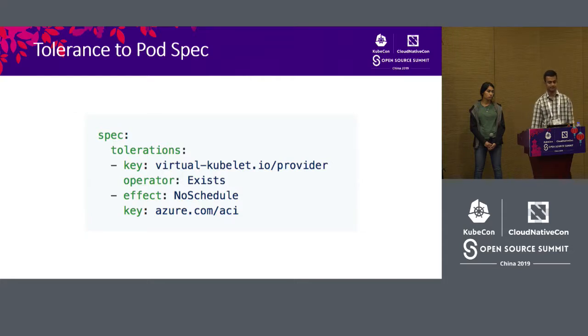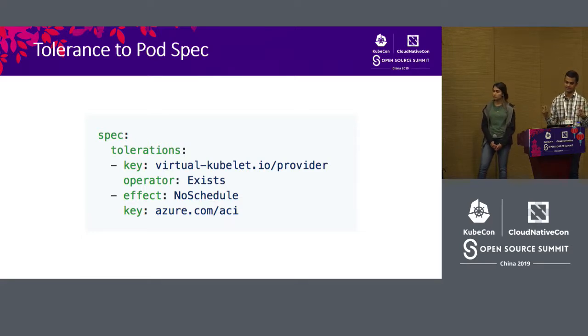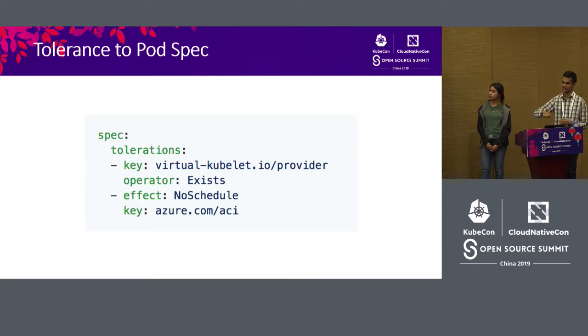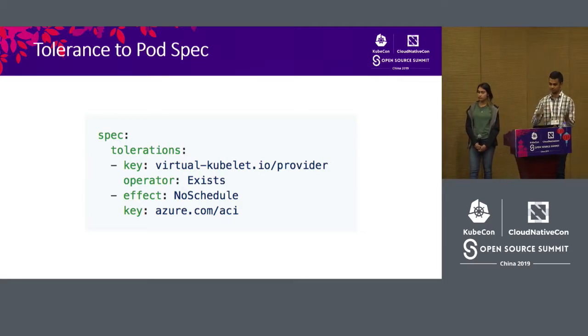So this is part of the pod spec that you would need to include when using Virtual Kubelet, and I'll show a full YAML file in a bit. What this shows is that on the virtual node, we add what's called a taint in Kubernetes. You can think of it as kind of like a lock. And if you add tolerations to your pod spec, this is basically the key to be able to provision workloads onto the node with that lock.